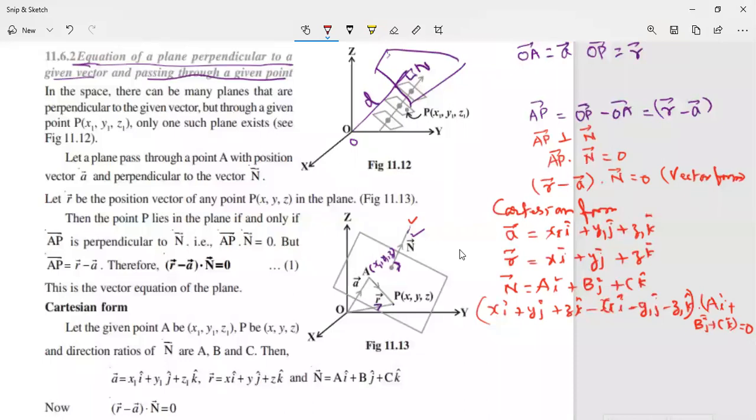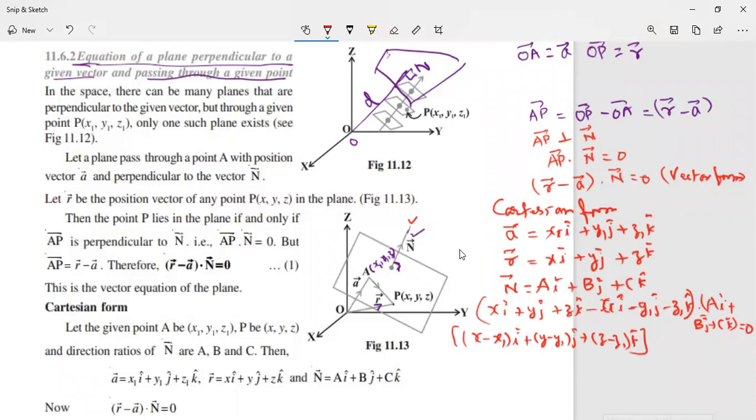Before the dot product, you can collect terms: this will become (x minus x1) i plus (y minus y1) j plus (z minus z1) k.